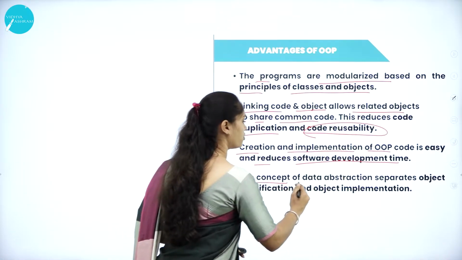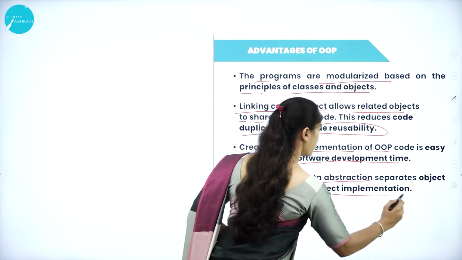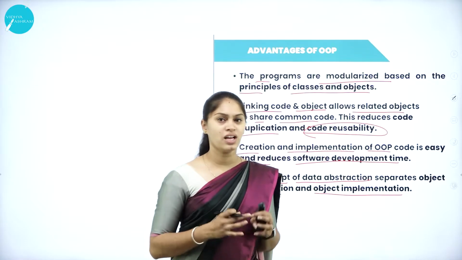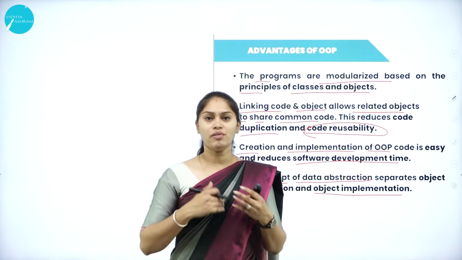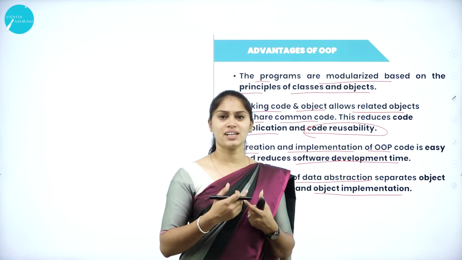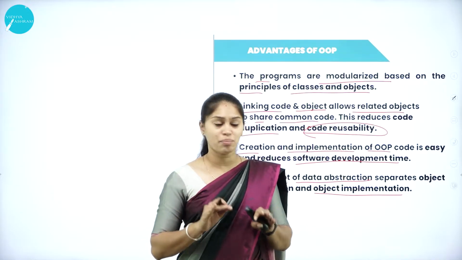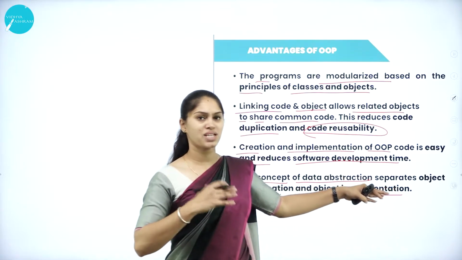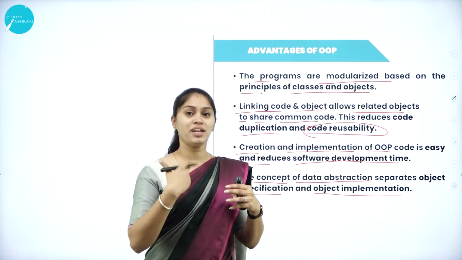The concept of data abstraction separates object specification and object implementation. If I take the example of an ATM, we know how to operate it, but we don't know how it is working in the background or internally, right? That means data abstraction: only the essential content required for the user will be displayed. That separates object specification and object implementation. Object specification means we know how to operate it, but we don't know how it has been implemented.